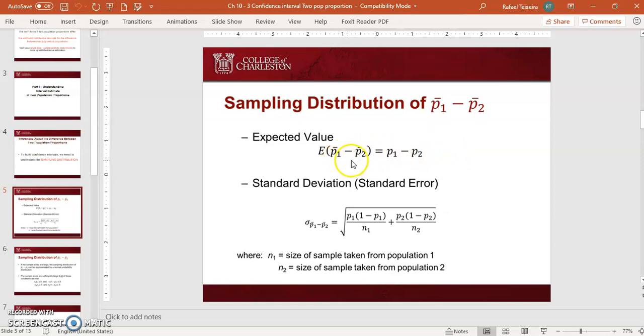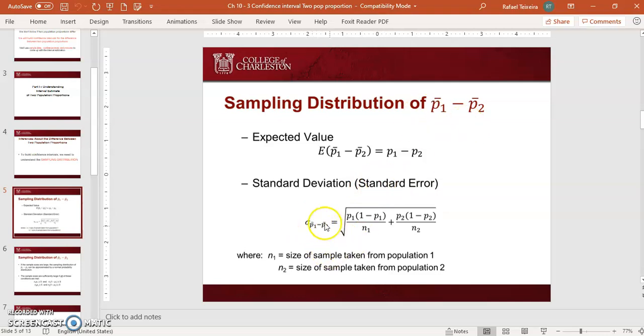However, because we're using sample data, we have a standard deviation. We have a standard error for these differences. These differences will be different for different samples. Imagine we collect different samples. I collect one sample, you collect another sample, and each one of us collects different samples. Each one of us is going to find different differences, and that's going to give us a variability, which is the standard deviation of the sample proportion differences.